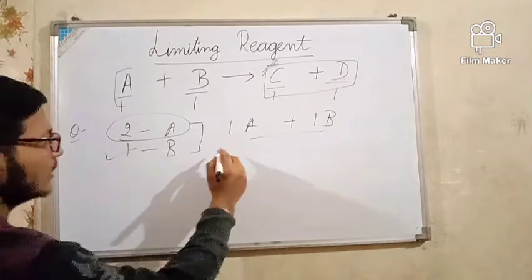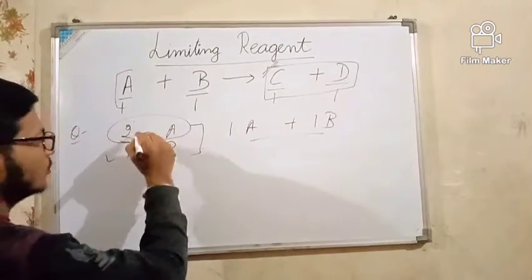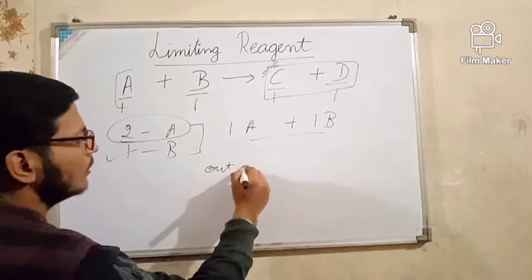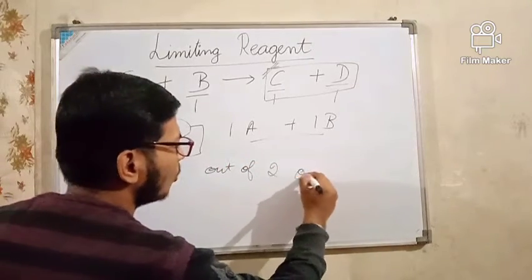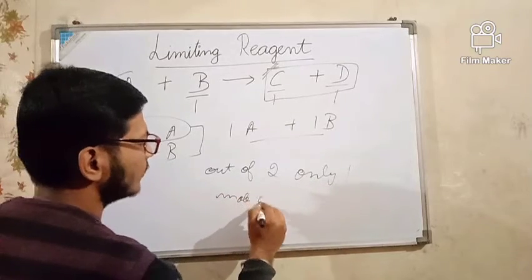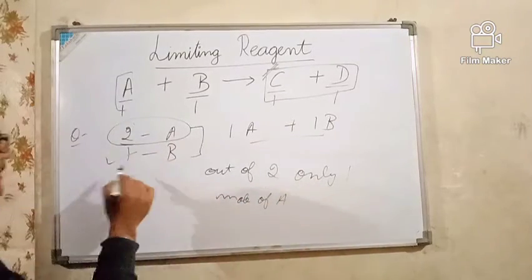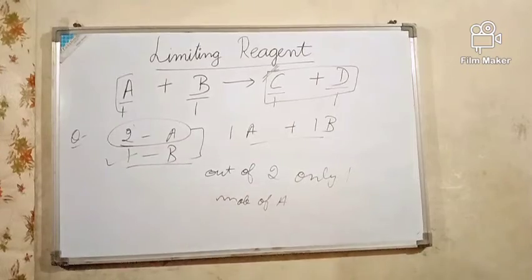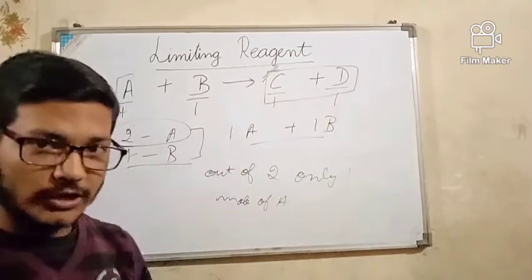But only 1 mole out of 2 moles of A will react with 1 mole of B to form the products.